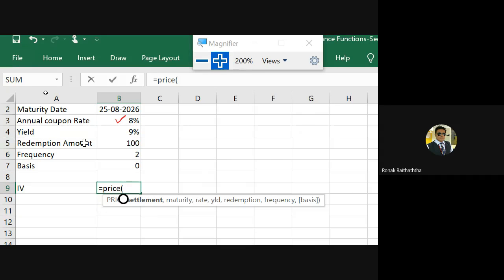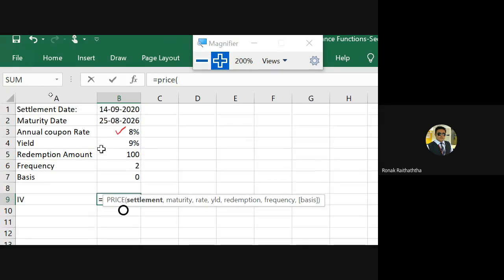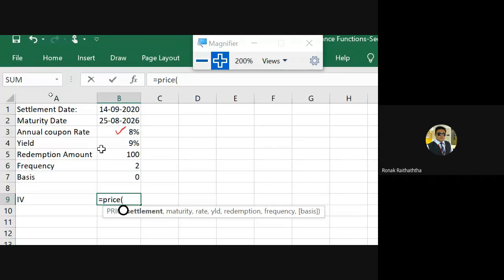Now, settlement is the date on which generally this bond is issued, but there can be a difference between a settlement date and issue date, because sometimes you might not be the first person to get the bond. Someone might have taken it before you and you have taken it from that person after the issue date.